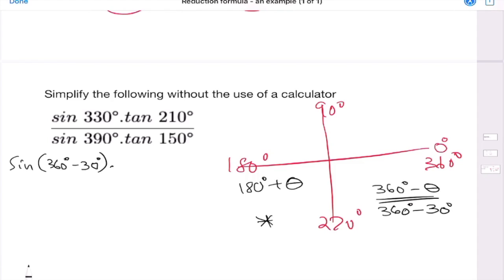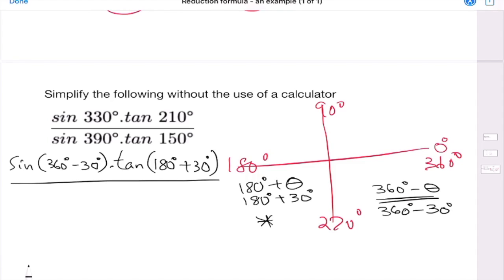So now for 210, we can add 30 degrees to 180, and that will give us 210. So we can rewrite the tan of 210 as 180 degrees plus 30 degrees. So the tan of 210 is the same thing as the tangent of 180 degrees plus 30 degrees.